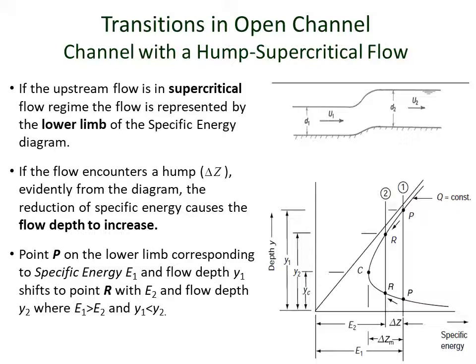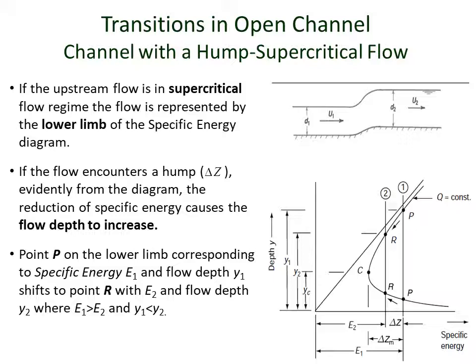If such a flow encounters a hump of height delta z, due to the reduction of specific energy the point P shifts to point R, and point R is a point with a larger flow depth.